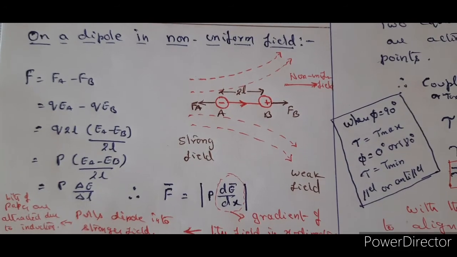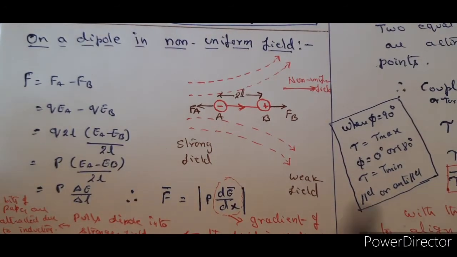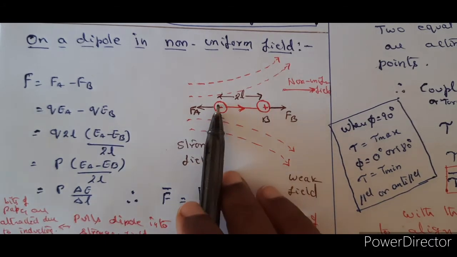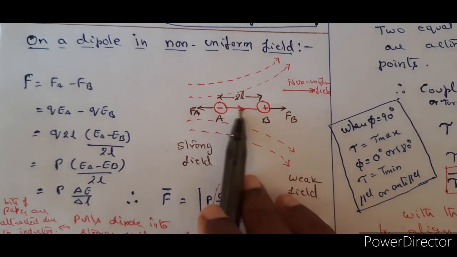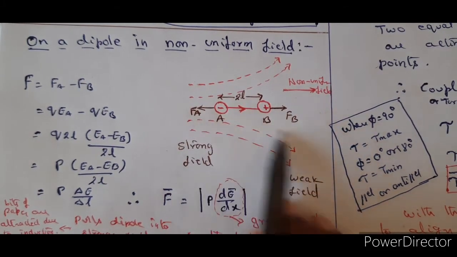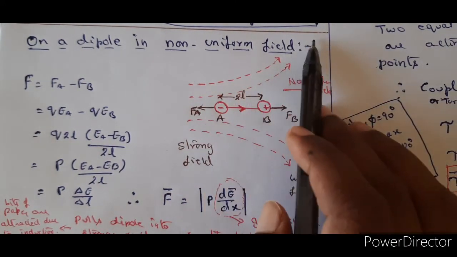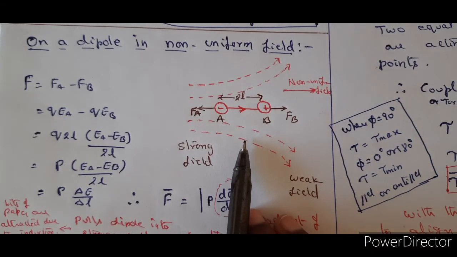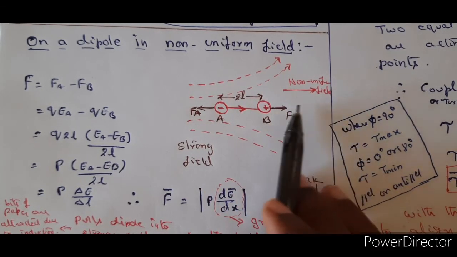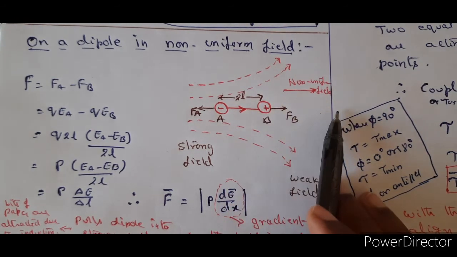Now let us move to non-uniform field. When it comes to non-uniform field, let us suppose that there is a dipole where the dipole moment is in this direction, that is along the positive x direction. Here this is how the field is non-uniform, and the direction is in positive x direction like this.